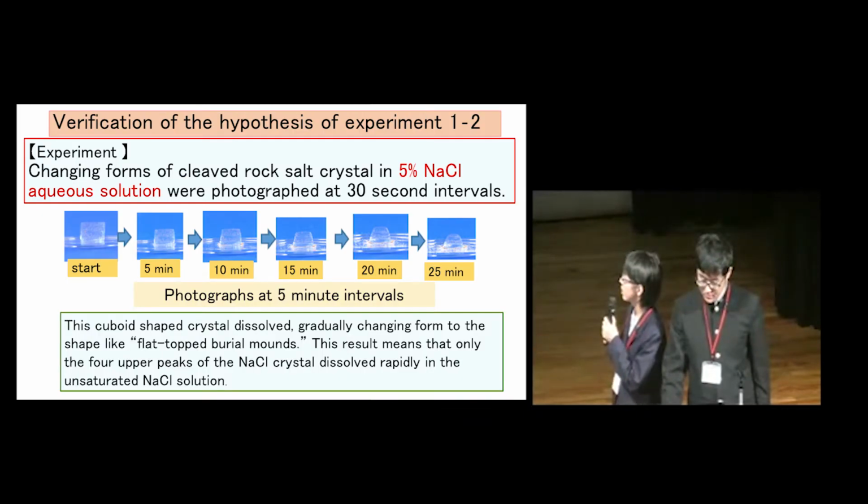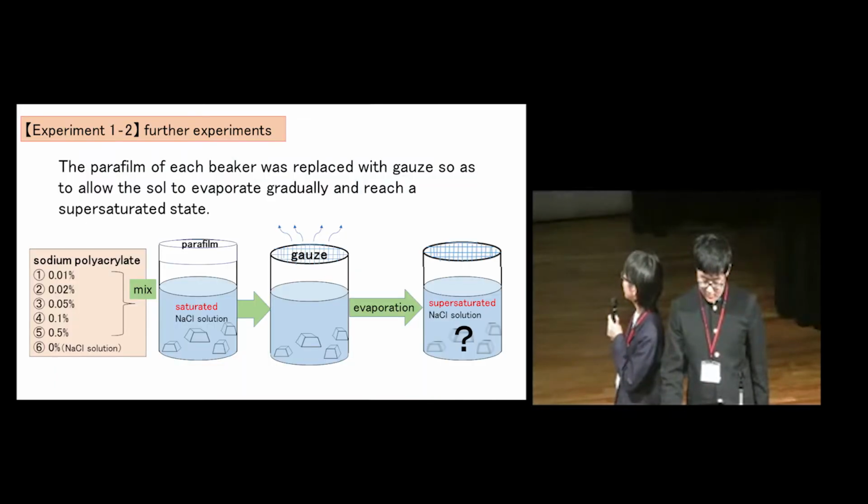So we verified our hypothesis. We observed the changing forms of clear salt crystals in 5% NaCl aqueous solutions. The crystal dissolved like this, so this result means that the previous crystals were also dissolved. Then we replaced the paraffin of each beaker with gauze to allow the water to evaporate gradually and reach a supersaturated state.